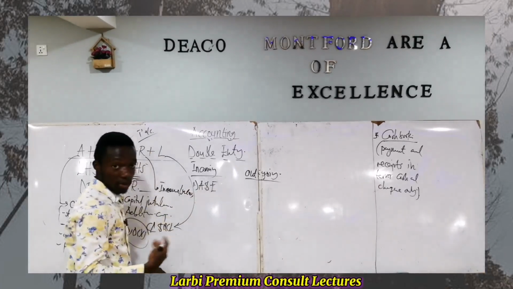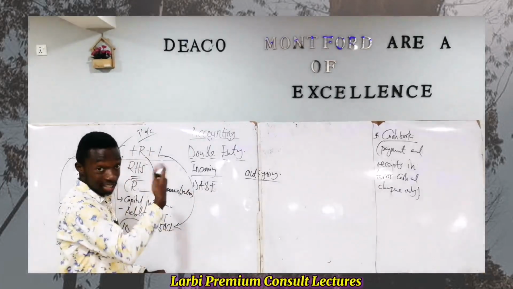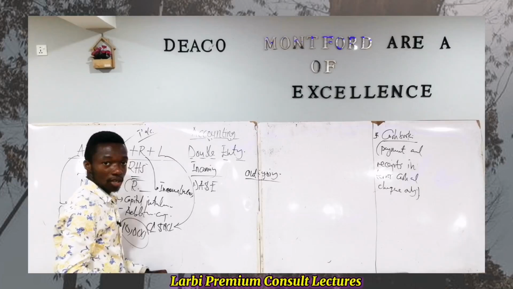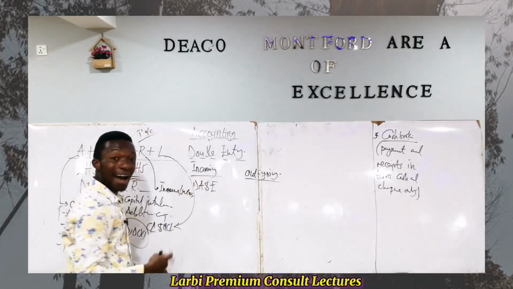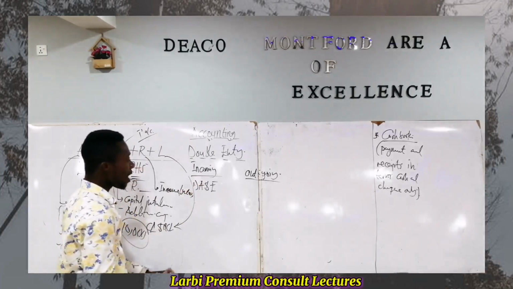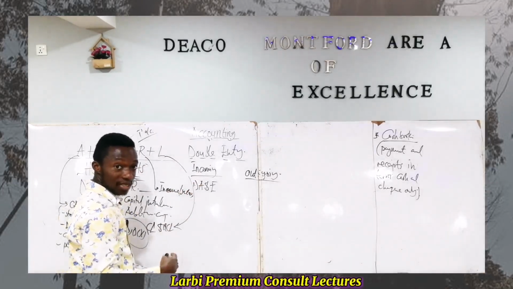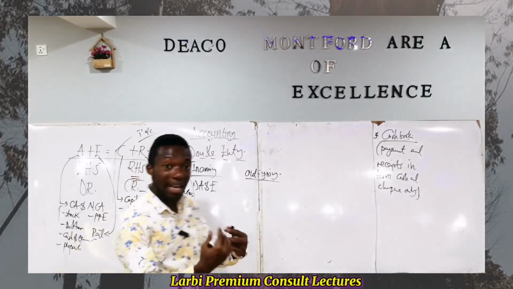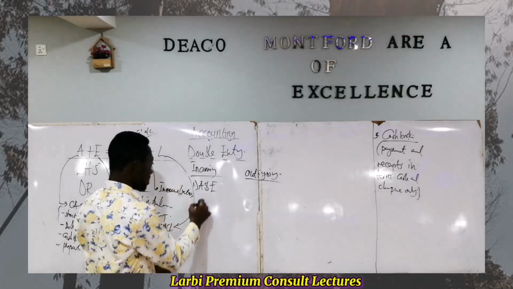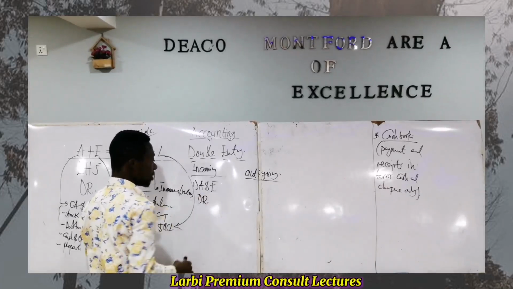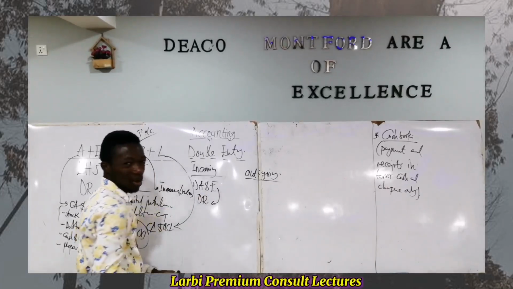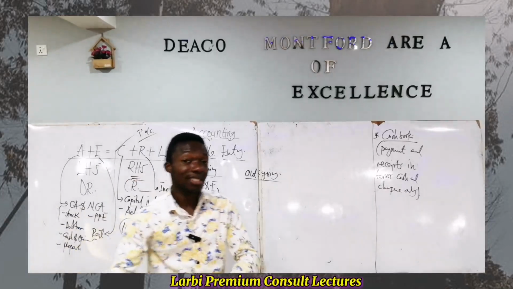I'm shortening it for the purpose of explanation. So all items that fall under the assets and expenses, if it's an incoming item, are supposed to be debited.